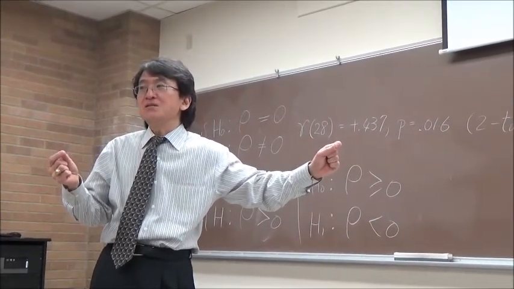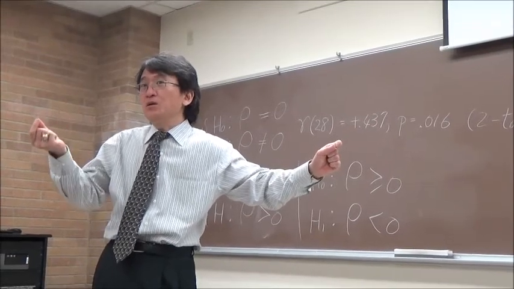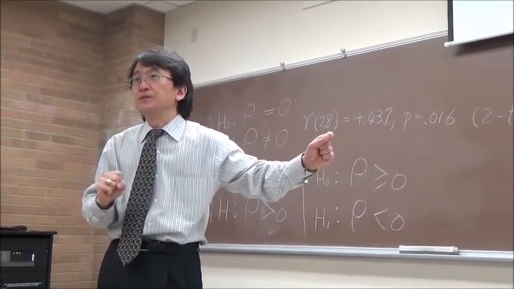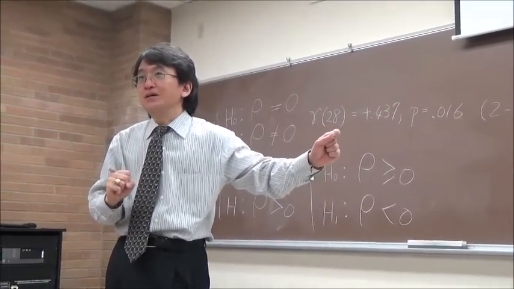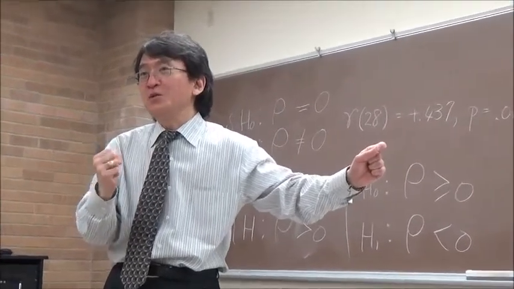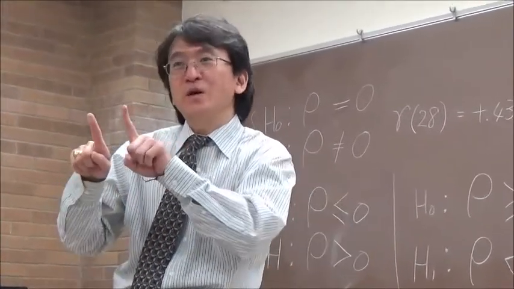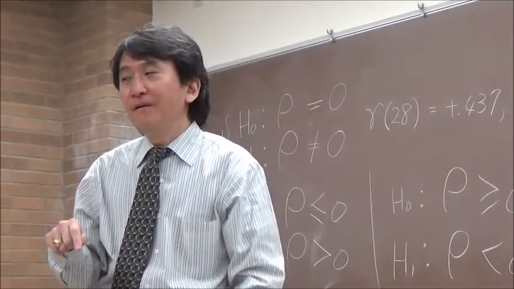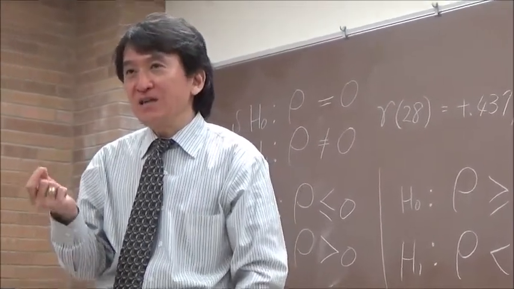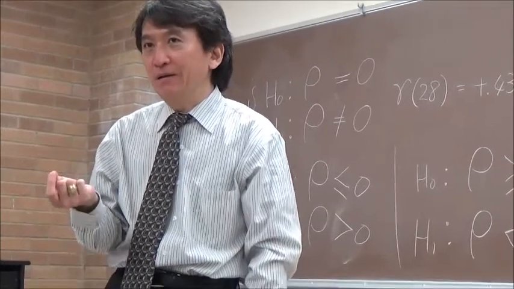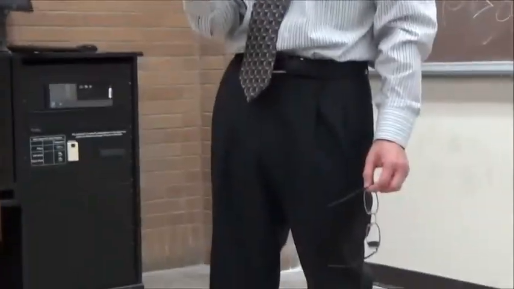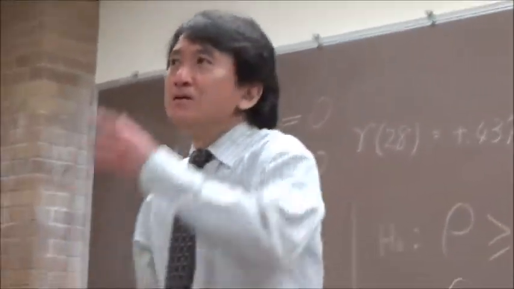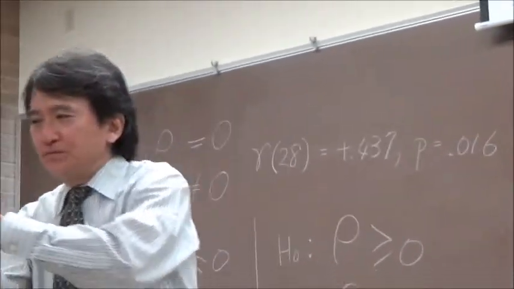That doesn't necessarily mean in the real world it's actually 0. It might be 0 or 1. There is always 5% error. Remember, there is always a chance that we are making a mistake, 5%.